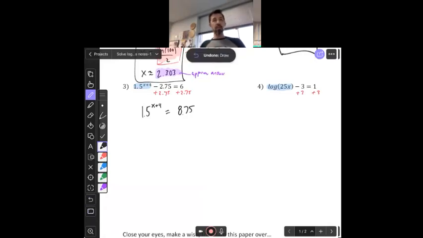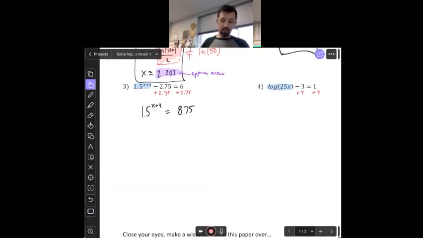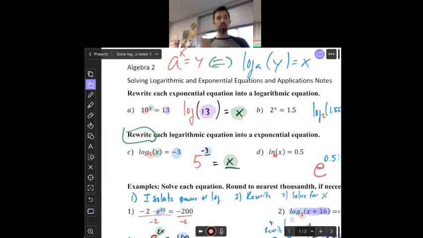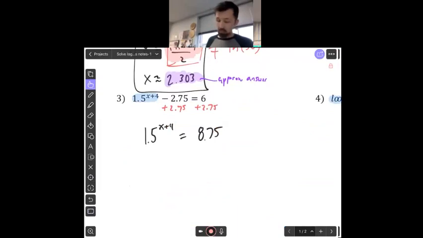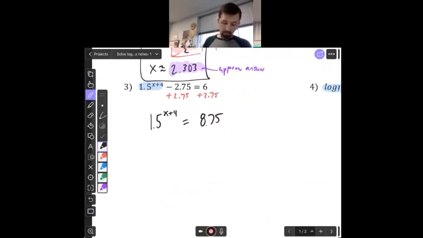We have 1.5 to the x plus 4 equals 8.75. And at this point we have an exponential equation, right? Some number to some power equals some other number. This is where we are. So that means we need to get ourselves here. So what you got, Aiden? How would I rewrite that?